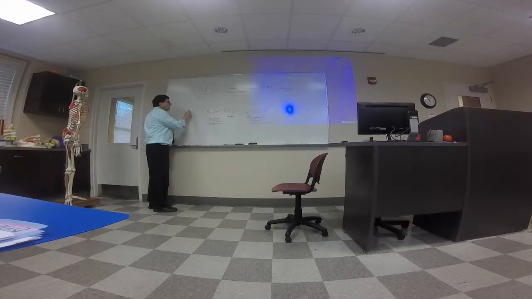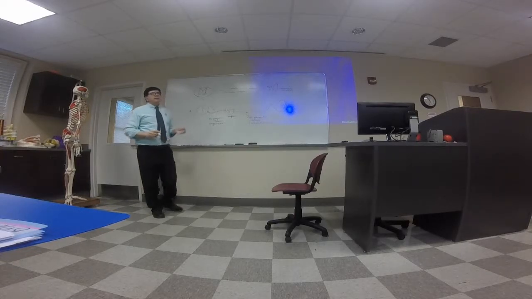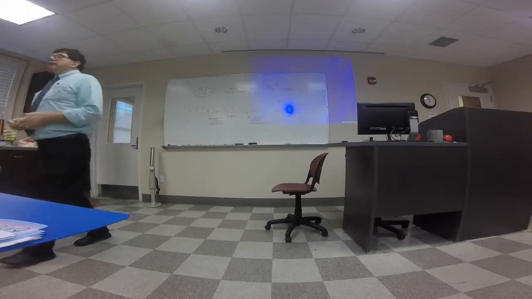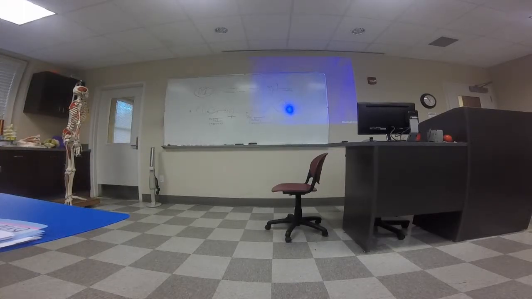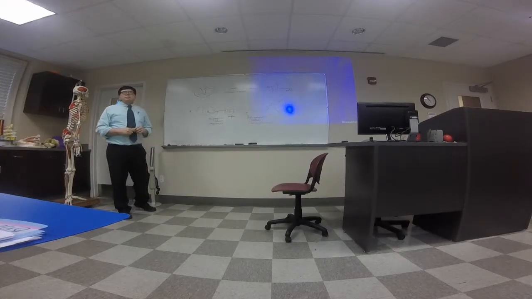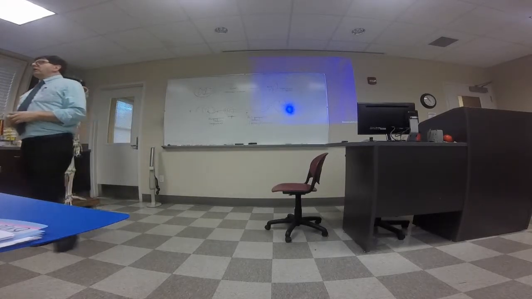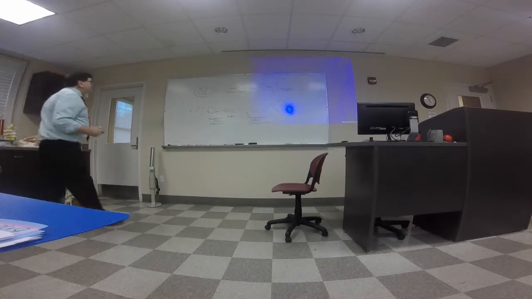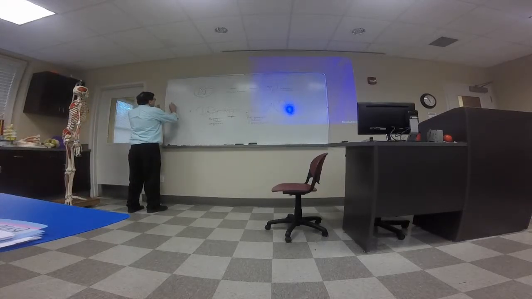Now, these autonomic pathways that are depicted here can either be part of the sympathetic division of the autonomic nervous system, or they can be part of the parasympathetic division. Another name for the sympathetic division is the thoracolumbar.